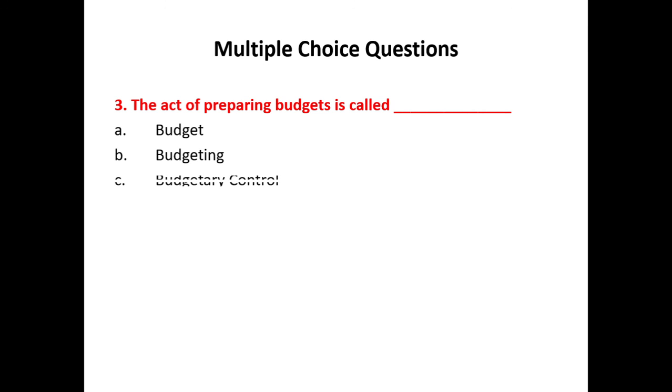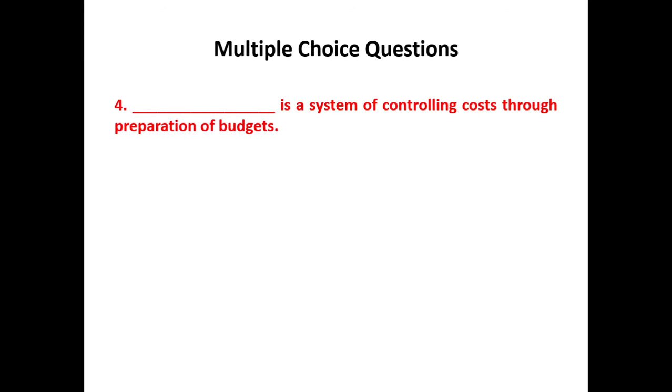And the third question: the act of preparing budget is called dash. The options are budget, budgeting, budgetary control, none of the above. The right answer is budgeting. The act of preparing budget is called budgeting. Next, the fourth question.